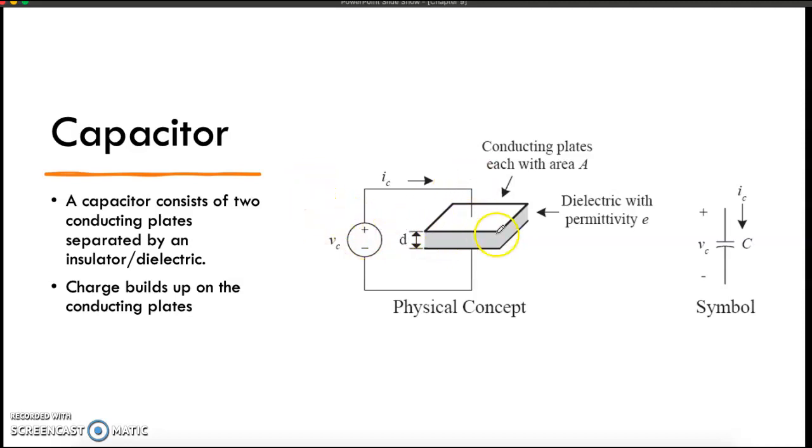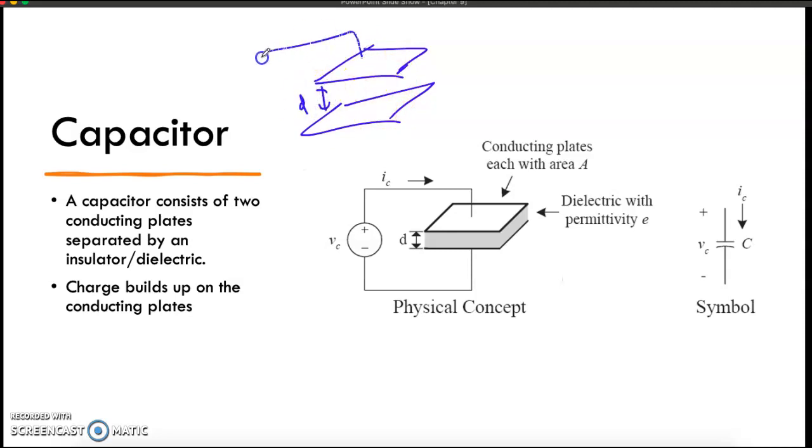What is a capacitor? A capacitor is two parallel plates. When you put them together with a certain distance and apply a voltage connected to the top and the bottom plate, it will be able to store energy in terms of charge.